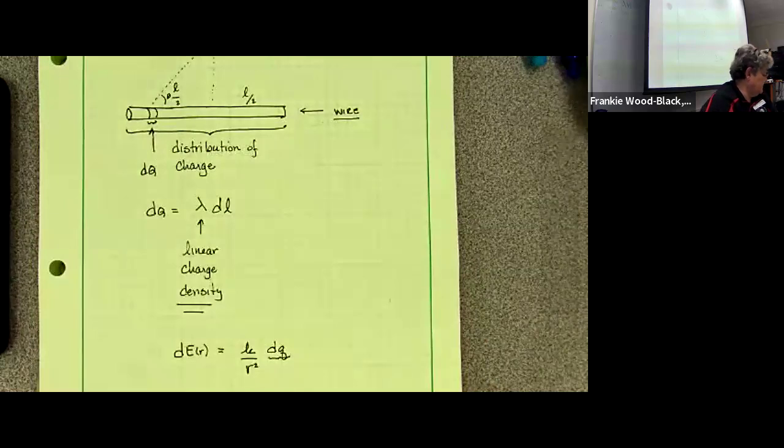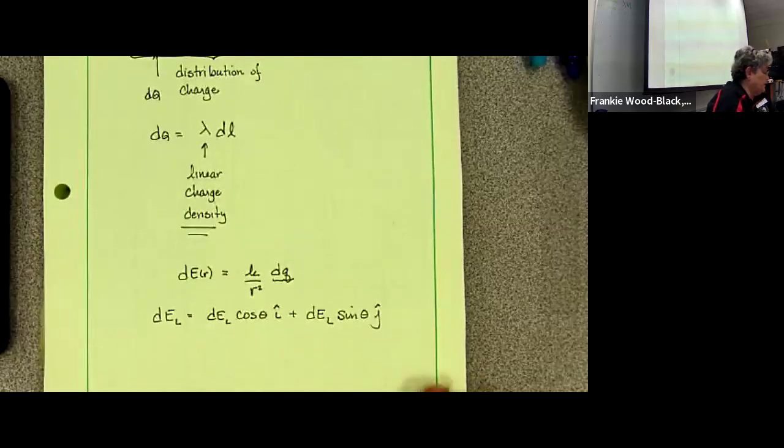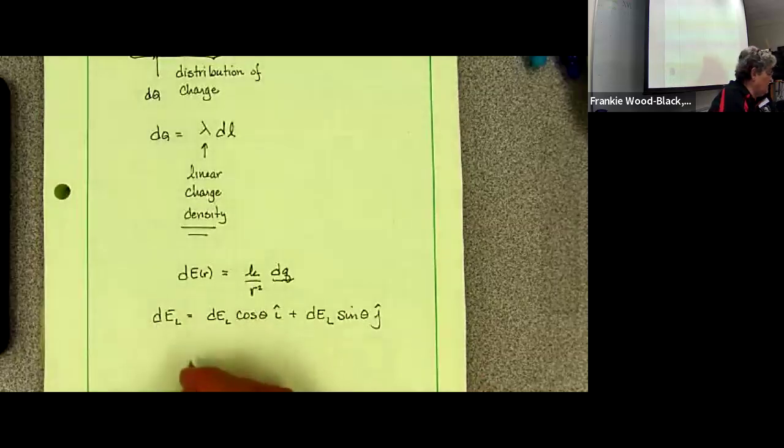All right, we'll have the E sub left and the E sub right. As I look at this little incremental piece, I can say dE is equal to dE cosine of our angle in the i direction plus dE sine of the angle in the j direction.